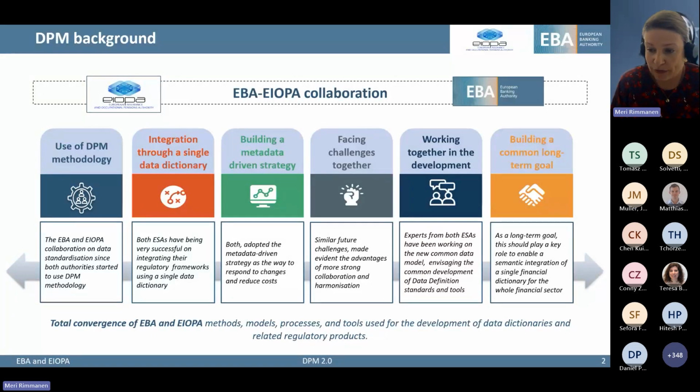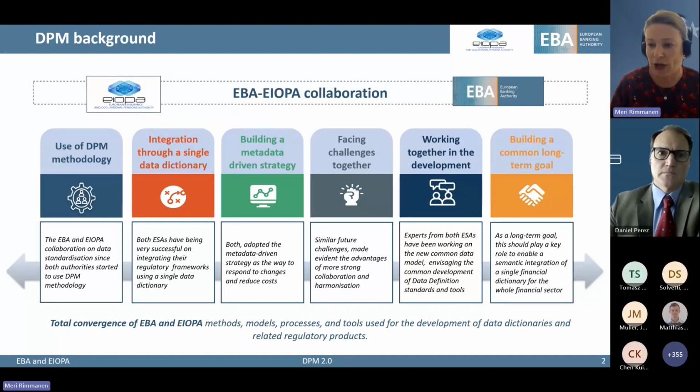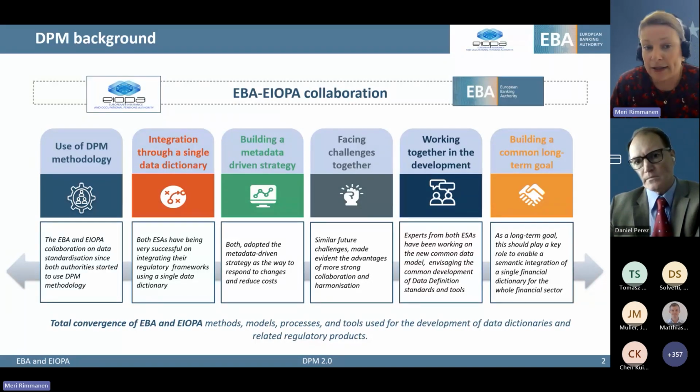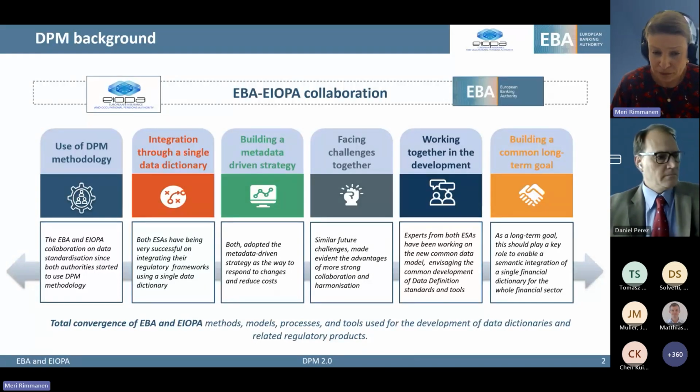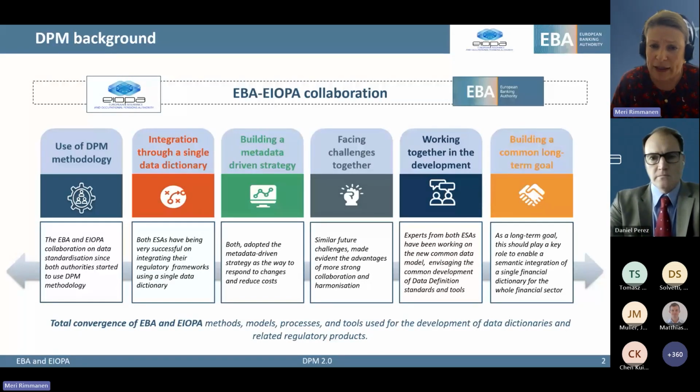We have also both of us integrated all our reporting modules and frameworks on the insurance and pension side, and on the banking side, everything is fully integrated and harmonized already. We have also from the beginning started this metadata-driven strategy. So we have both built the reporting frameworks and how we use data on a metadata-driven basis.